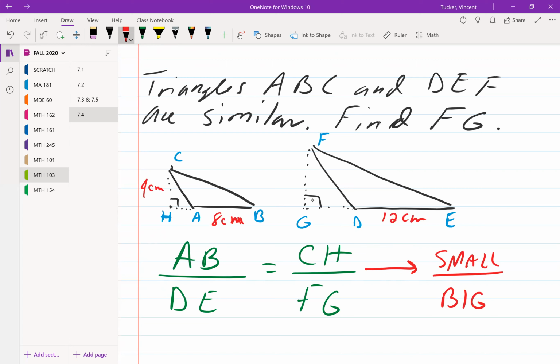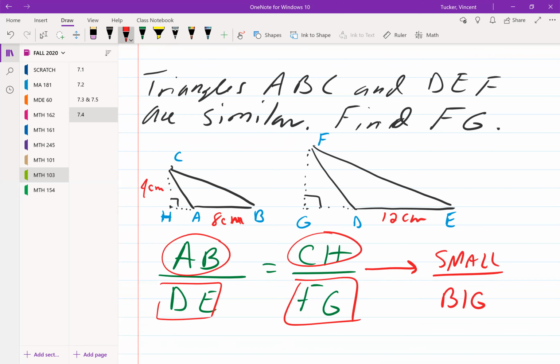There are other ways to set it up as well, as long as you stay consistent, but it's the easiest way. Either do small over big or big over small, and make sure you keep that consistency in both of your fractions to set up your proportion. So notice AB is my smaller side, DE is my larger side, CH is my smaller side, FG is my larger side. I'm talking about the size of the triangle.